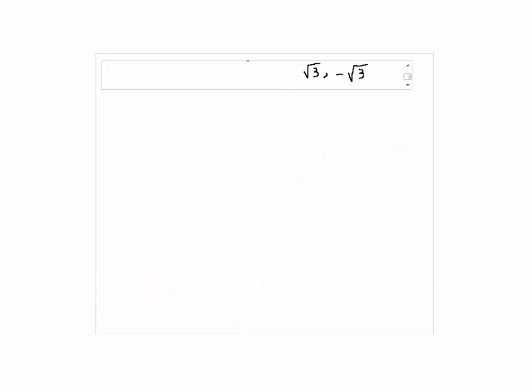Write a function that has the following solutions. So note that if we have f of x equals (x minus a) times (x minus b), the solutions are a and b.